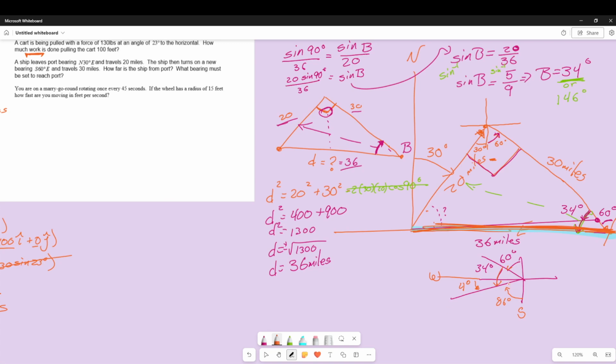Now that's a lot of little angle conversions in this problem, and if this was a problem on a test, which it certainly can be, it would be a tough one because of having to control and convert all of these angles. So it's perfectly a fair test question, but it's a tough one.